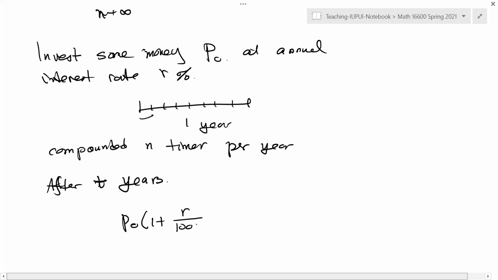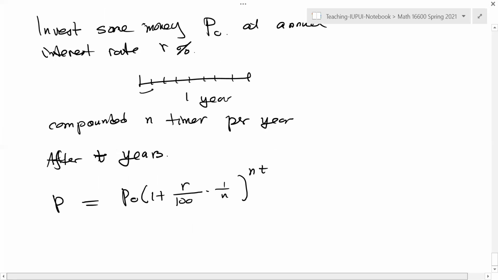If i is already written in decimal form, then you don't need to divide by 100. If it's 2%, then it's 0.02. Then divide by n. This is at the end of the first period, which could be the end of the first month or quarter. But t years means t times n periods. That's the balance at the end of t years.